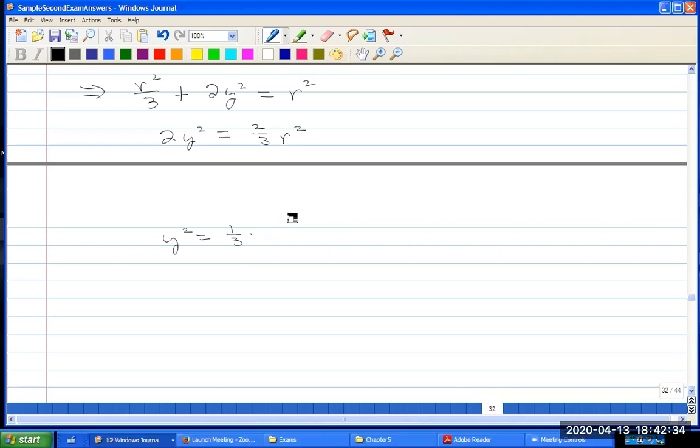Again, I'm assuming here that r is greater than or equal to 0, and so that y is greater than or equal to 0. So I have that y is equal to r over root 3.